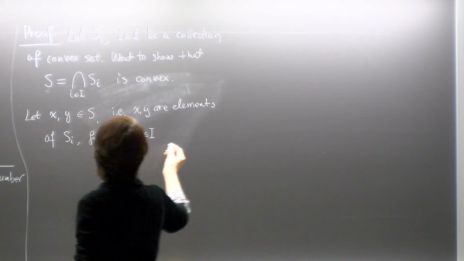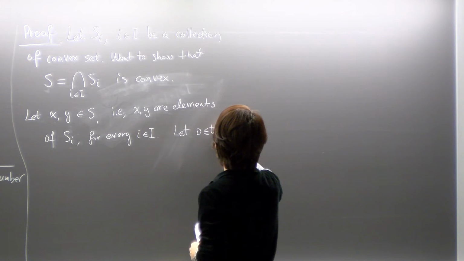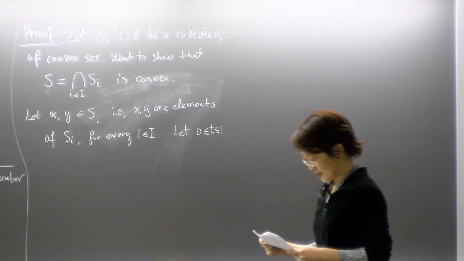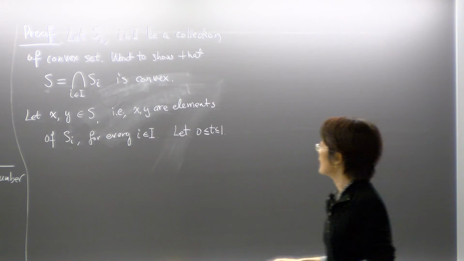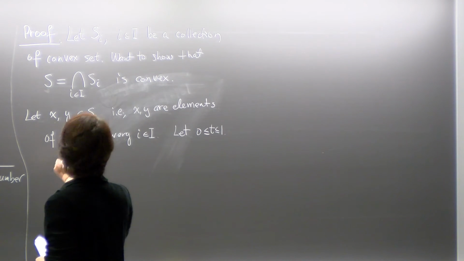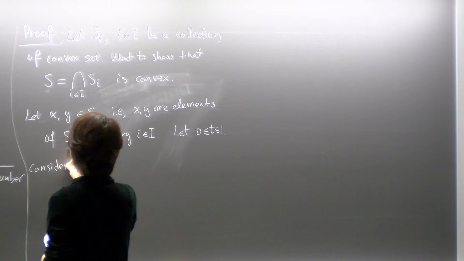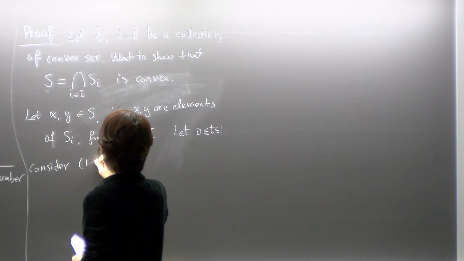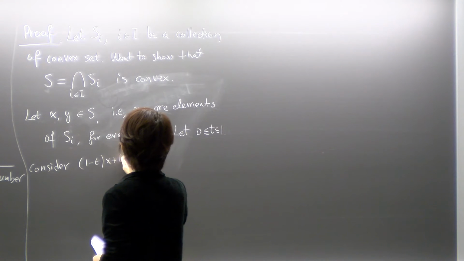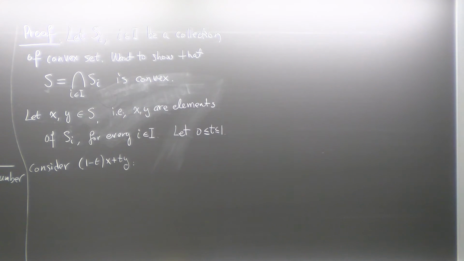Okay, and now let's pick a t. We'll do the convex combination. Let's consider the combination (1 minus t)x plus ty. What can we say about the convex combination?